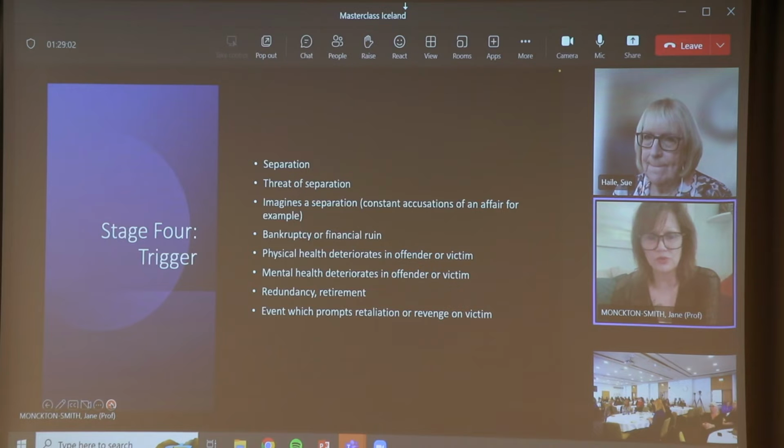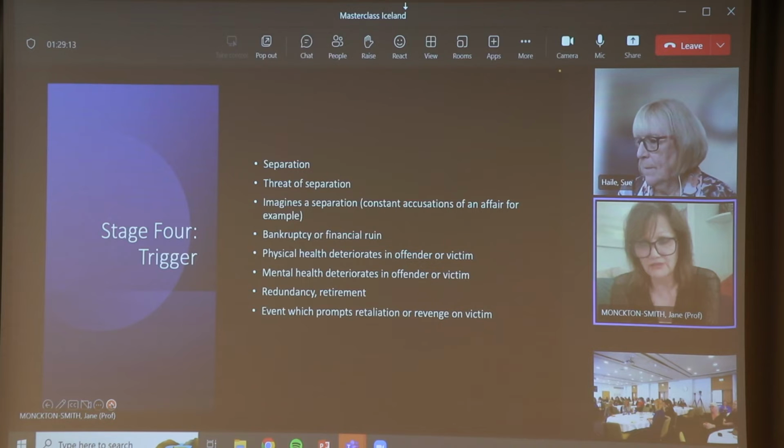So it's what we call a trigger. Now, across all of the research that we could find across the world, the single biggest trigger for things to escalate and become a lot more dangerous is separation. A threat of a separation, or the controlling person imagines there will be a separation.